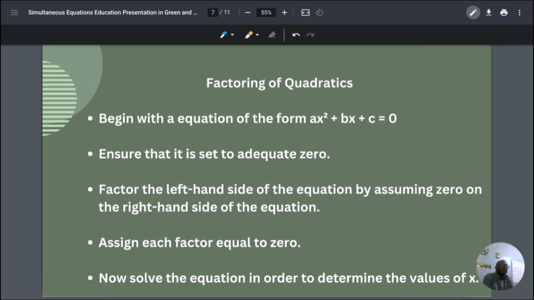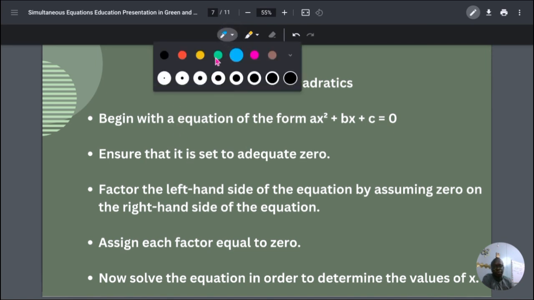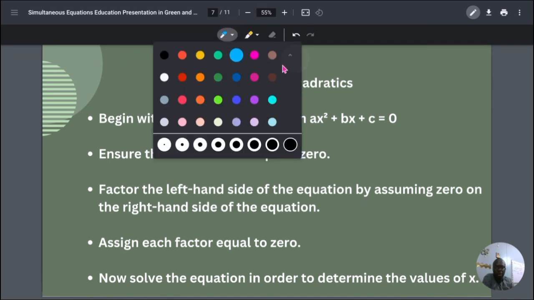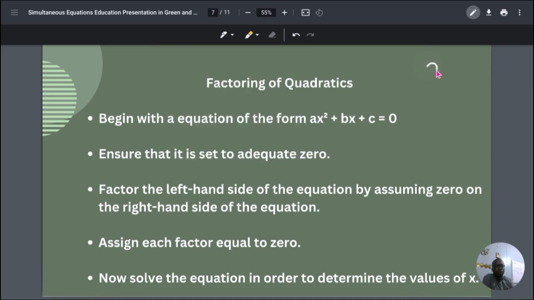If I give you an example like 2x and I say what are the factors of 2x? What numbers, or let me say digits, can divide 2x? First, you can use 2 to divide 2x.